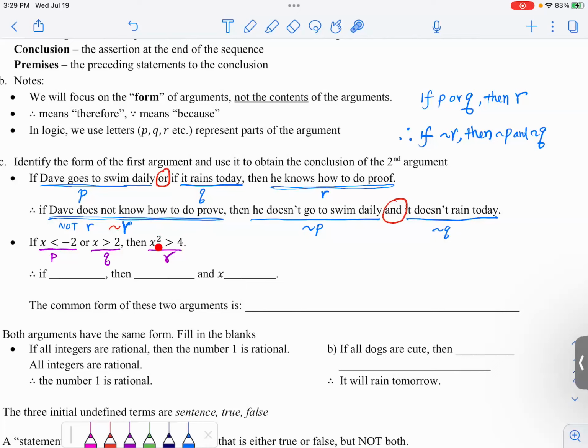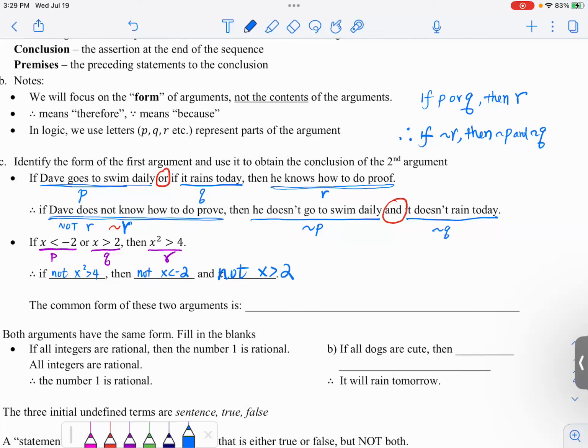So if this is supposed to be not R, that means not this guy. What is the opposite of x squared greater than 4, which is not R, right? Then according to the structure here, not P and not Q. So it's not x less than -2 and not x greater than 2. Of course, oftentimes we don't just write it that way.